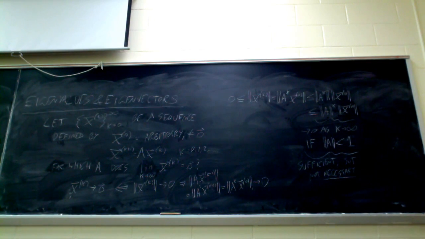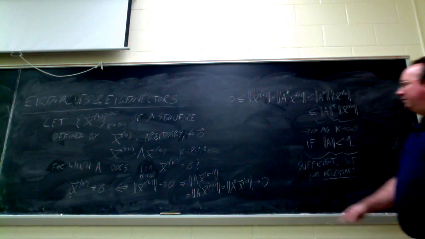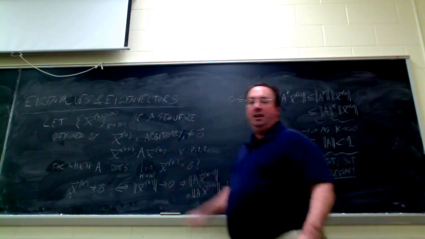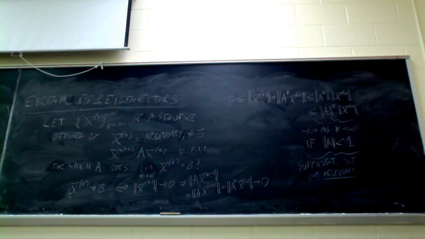What I mean by that is, it is possible that there's some matrix A where if you take any norm, any of the p norms or Frobenius norm, those norms turn out to be greater than or equal to 1, but the sequence that's defined this way is still going to go to 0. So what we'd like to arrive at is a necessary and sufficient condition for the sequence of vectors to converge to 0.